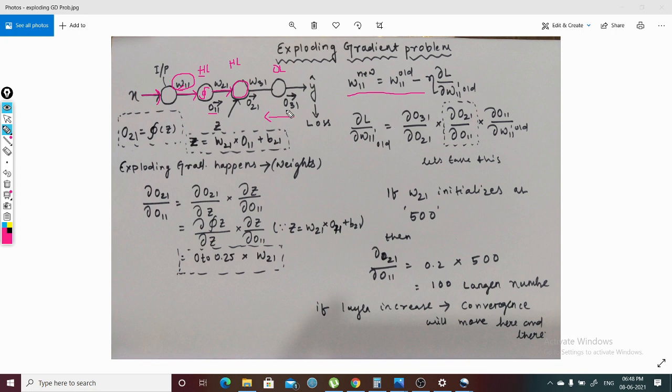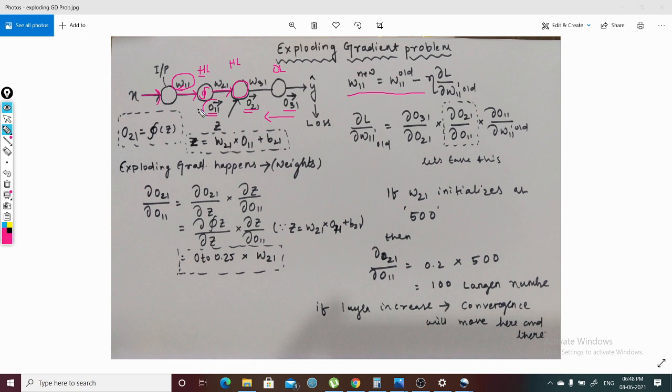This particular output is impacted by this output, and this output is impacted by this other output. This output is impacted by this particular weight, because this is just an input layer and we are getting a simple input.